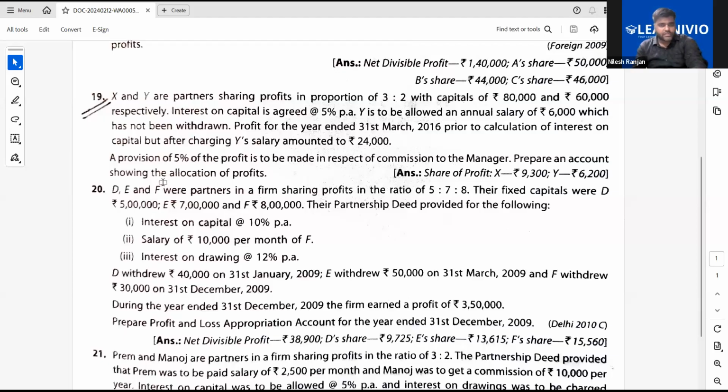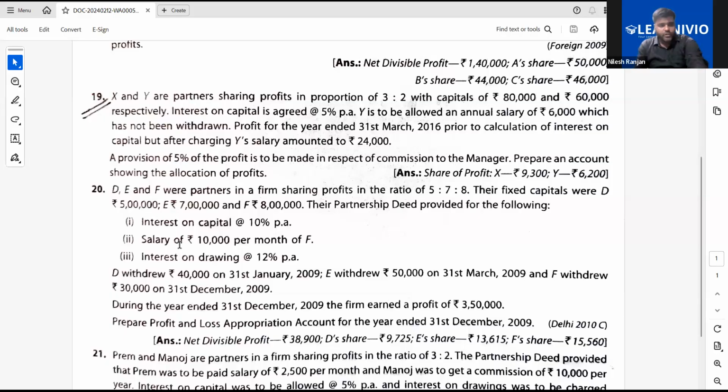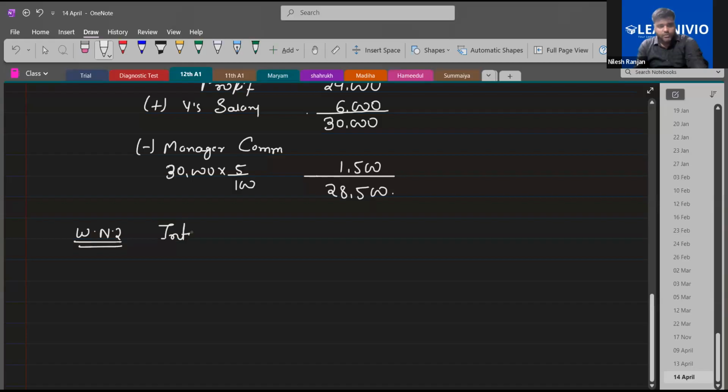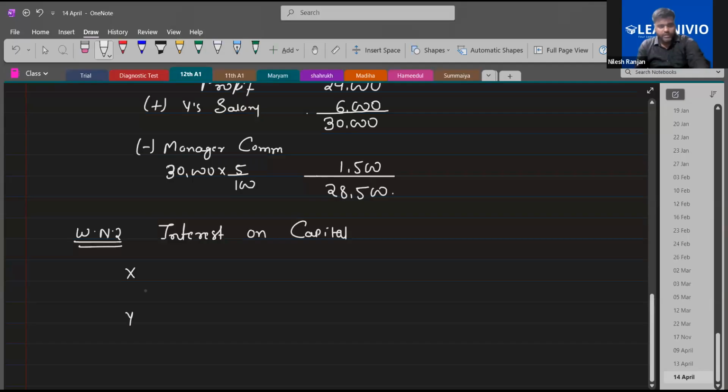After this, we need to do working note number 2. It will be for interest on capital. The rate of interest is 5%. X and Y capital are 80,000 and 60,000.